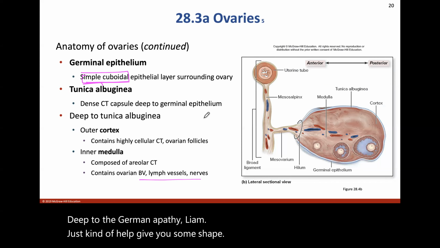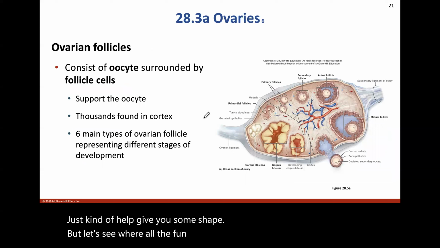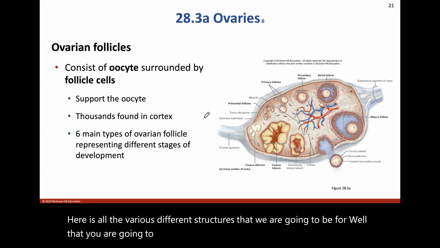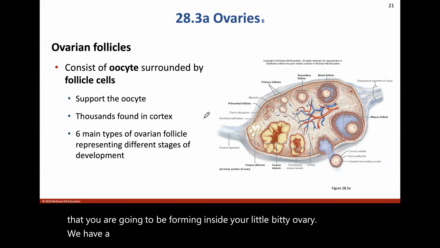But let's see where all the fun stuff is. This is where all the fun stuff is. Here are all the various different structures that you are going to be forming inside your little bitty ovary. We have a number of different oocytes.